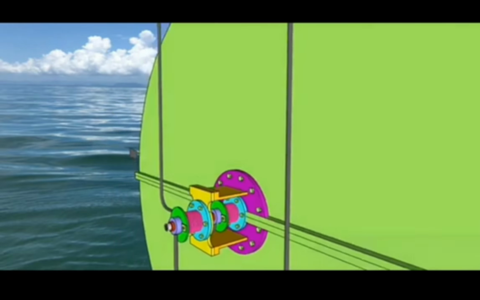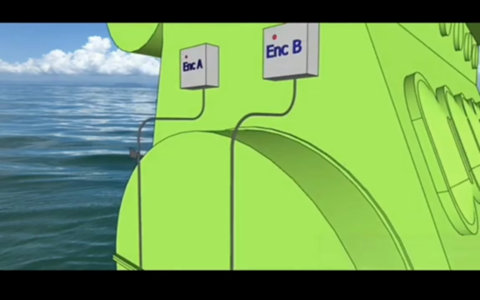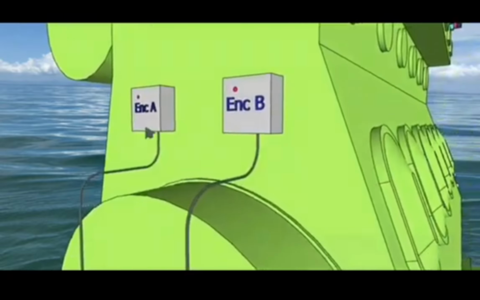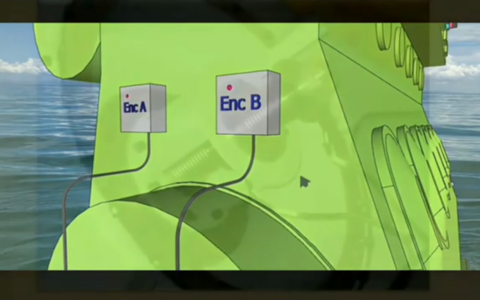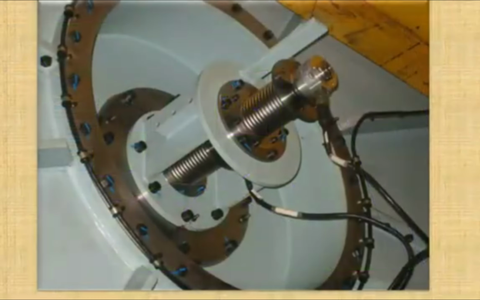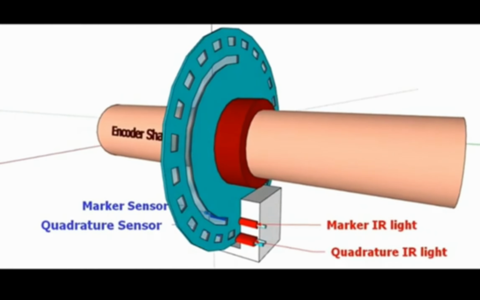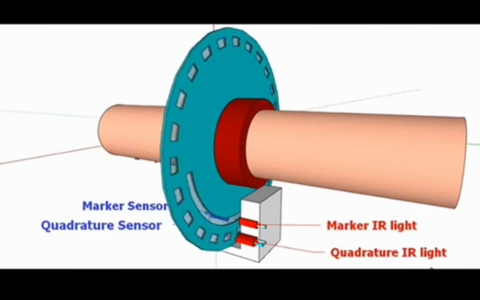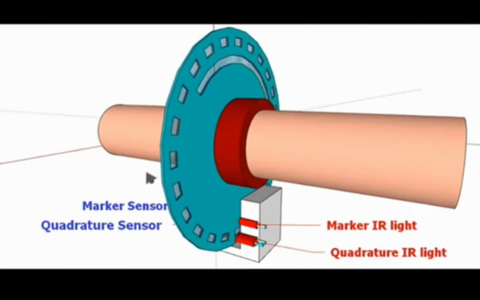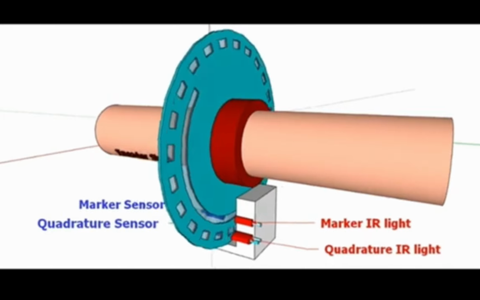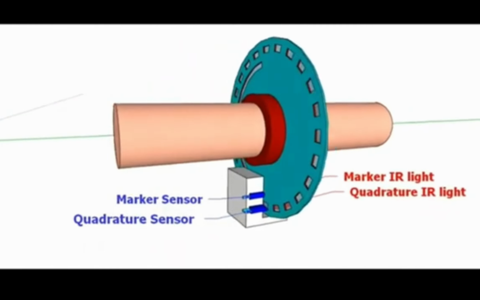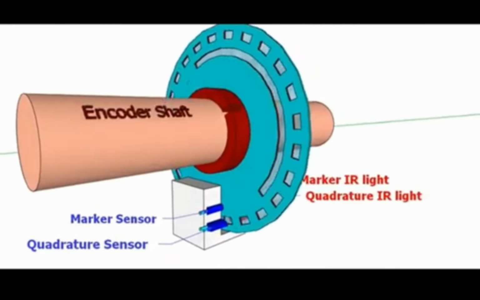Next, from this encoder the signals go to the encoder amplifier. This is the actual photo of the main engine. Now I will tell you how the encoder works. It is just like a disc rotating along with the shaft. The setup has infrared lights on one side, and the disc has transparent windows.